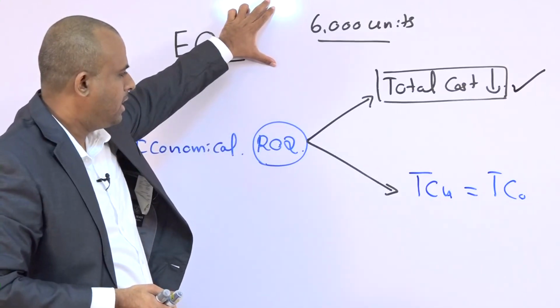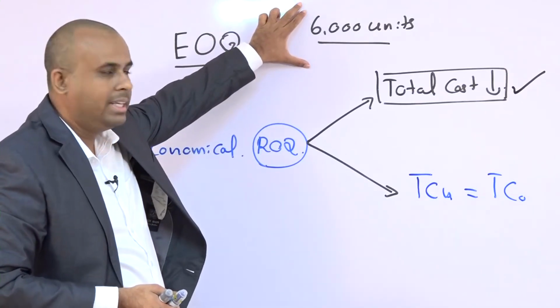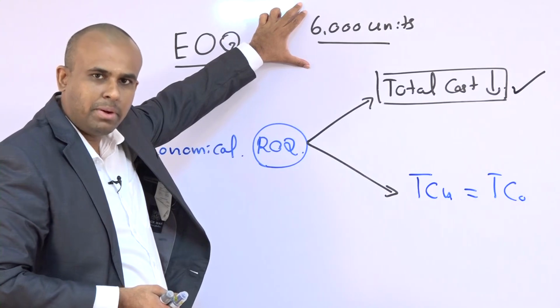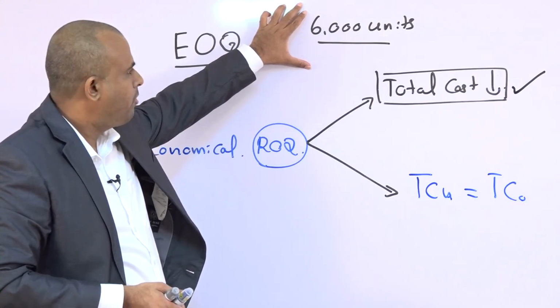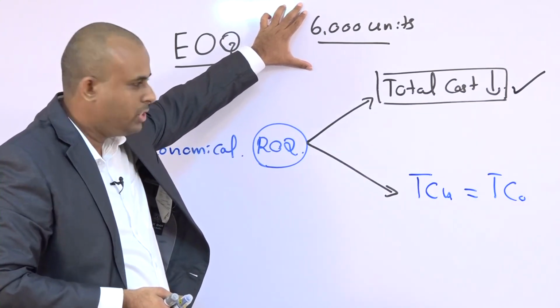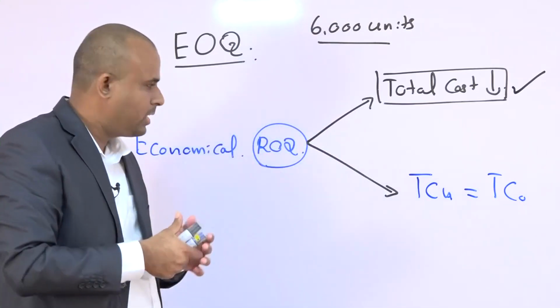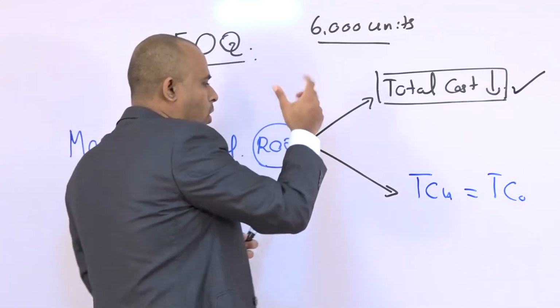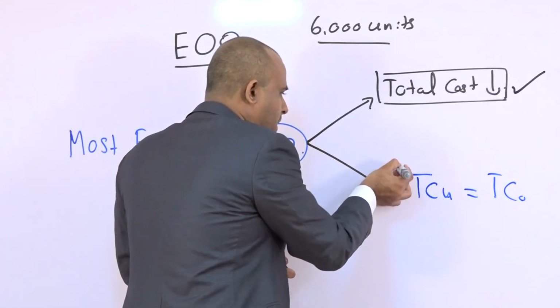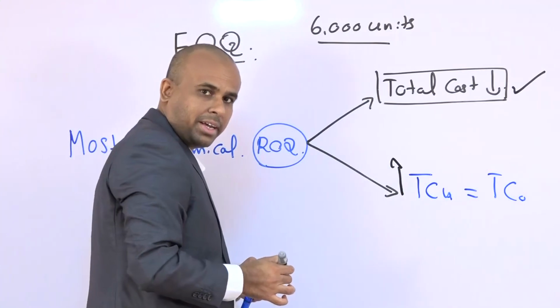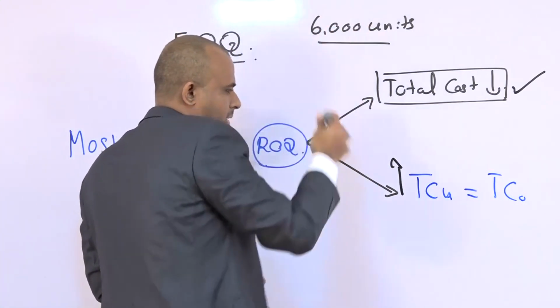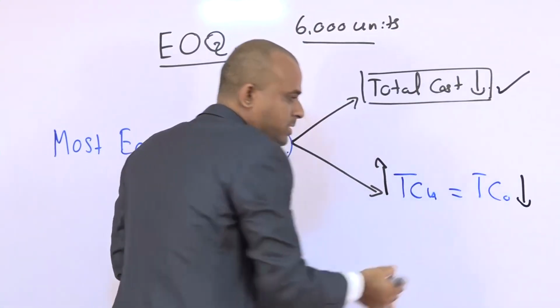In the earlier examples we discussed, when the reorder quantity changed, the cost of holding and the cost of ordering changed. When the reorder quantity is higher, holding cost increases when you increase the number of units you purchase at once, but the ordering cost will decrease.